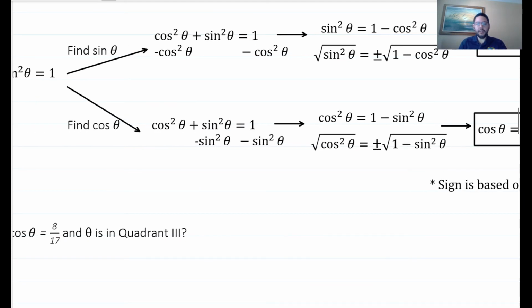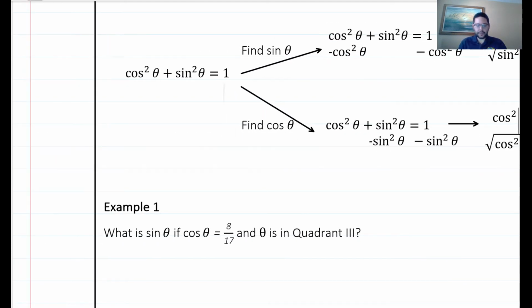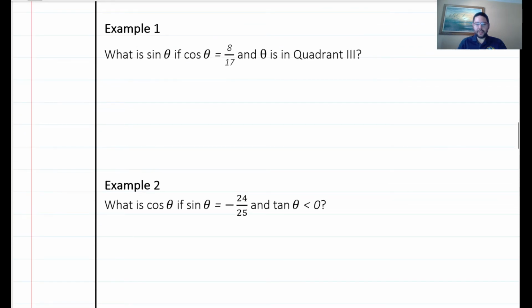So let's look at the first example. What is sine of theta if cosine theta is 8 over 17 and theta is in quadrant 3? Well, since we're in quadrant 3 and we're looking for the sine, if we look at All Students Take Calculus, ASTC, we know that the sine is going to be negative.